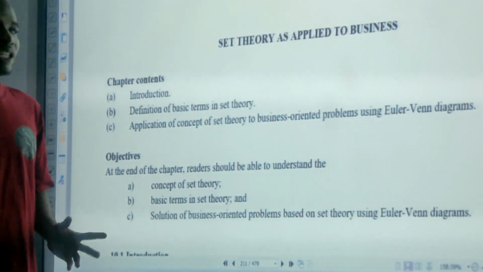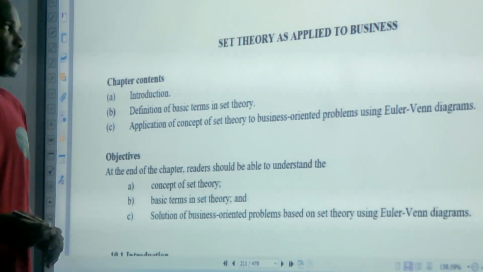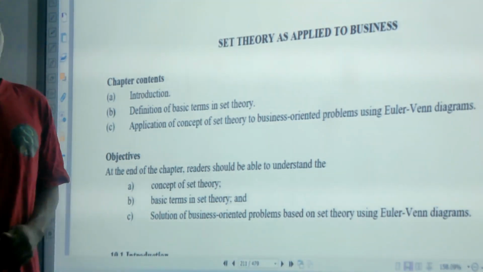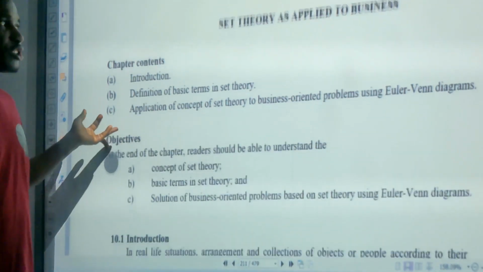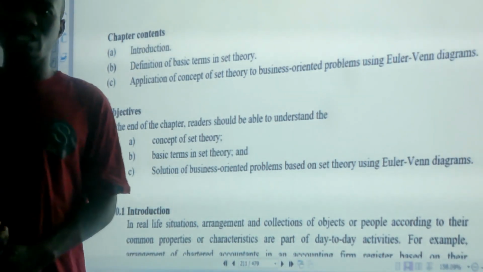Good day, everyone. In this tutorial today, we'll be treating a particular topic of quantitative analysis, QA, that is set theory. Set theory is a new addition to quantitative analysis.